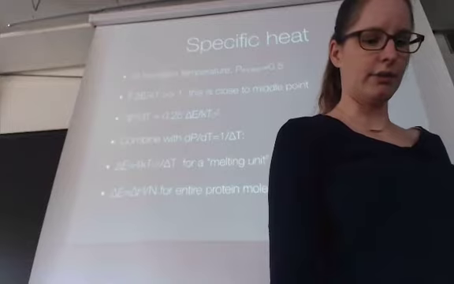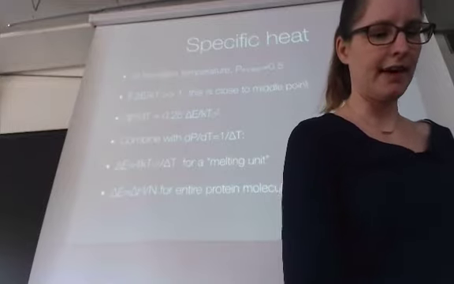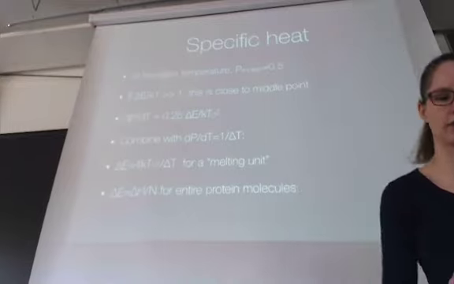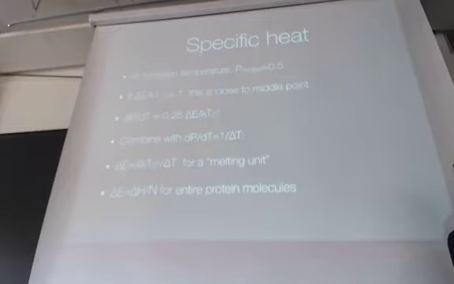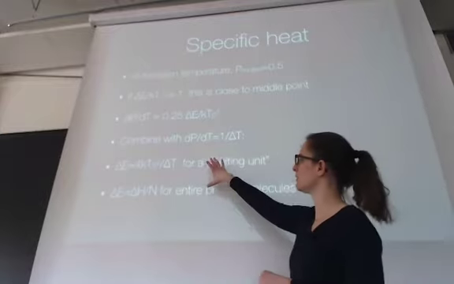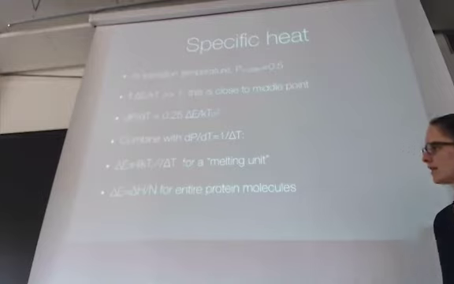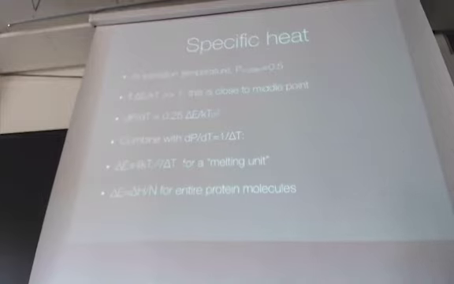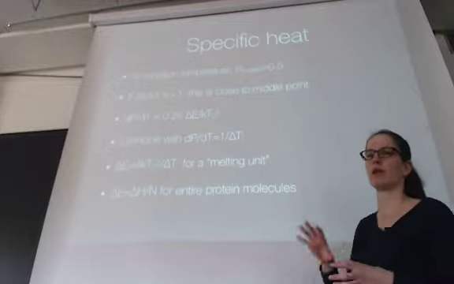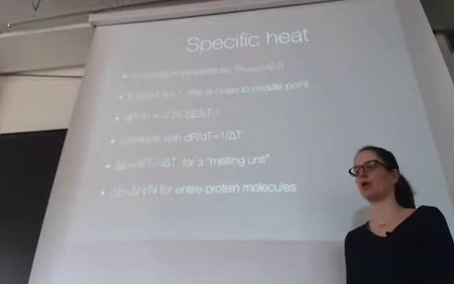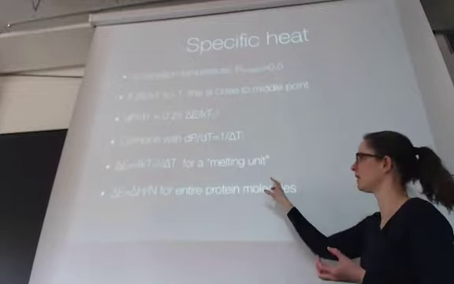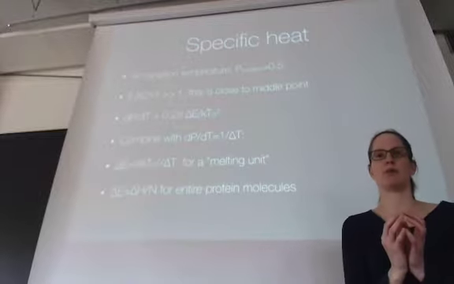And in fact, I don't have figures to show this, but I can tell you that if we compare these two quantities, then we find that small proteins that are below 150 amino acids obey this law. So they are a melting unit. This means that a whole protein that is 150 amino acids folds as one.